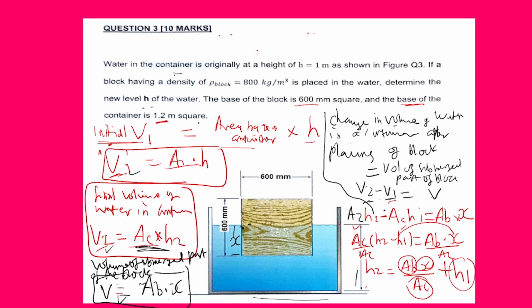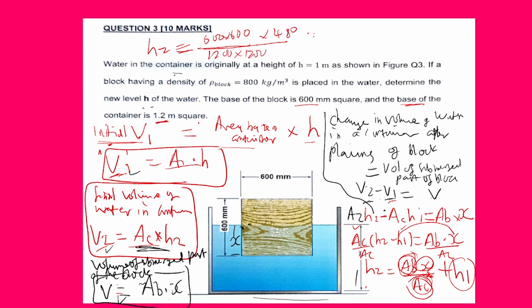So H2 equals, we have all the information, the area of the base: 600 times 600, times X, 480, over AC. What is AC? 1200 times 1200.